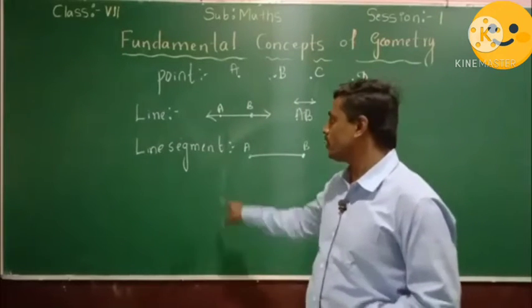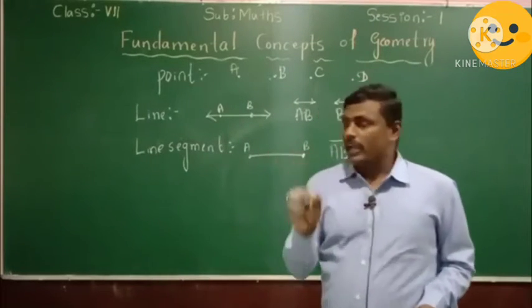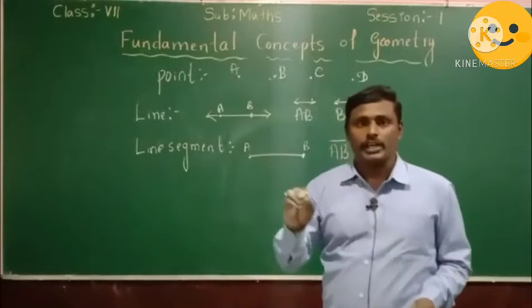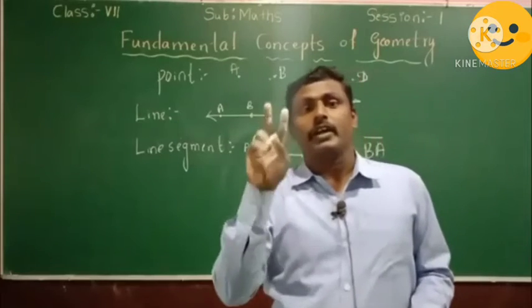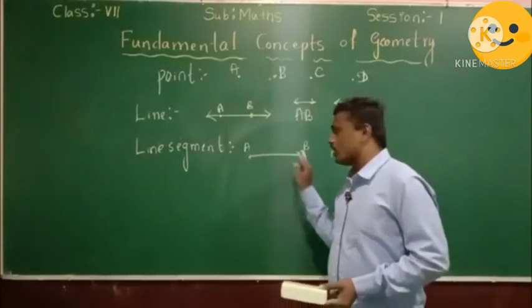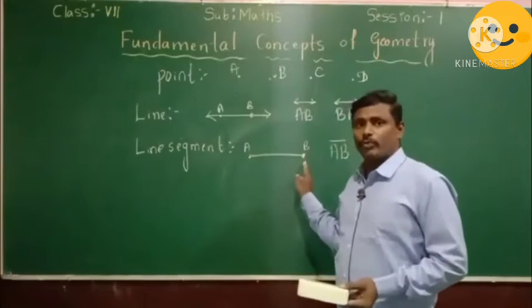So the definition: a line segment is a collection of points which has two definite endpoints, one an initial point and the other an ending point.